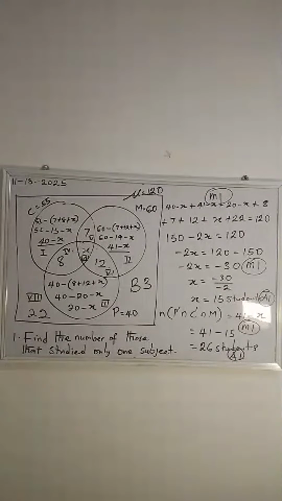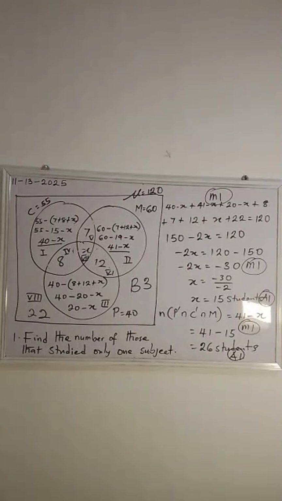Okay, I can see 45 students, Balogun Remilekun. Okay, so 45. Oluwatosin, you have 26 students. Okay, Balogun Femi, I can see 26. I can see 5. All right, let's solve the problem.